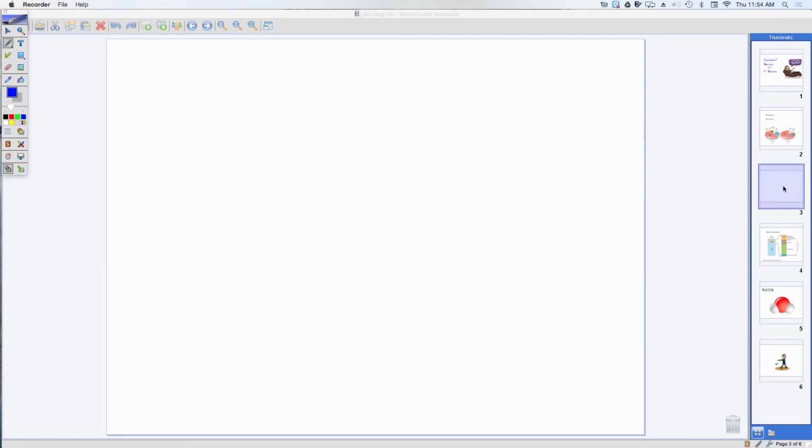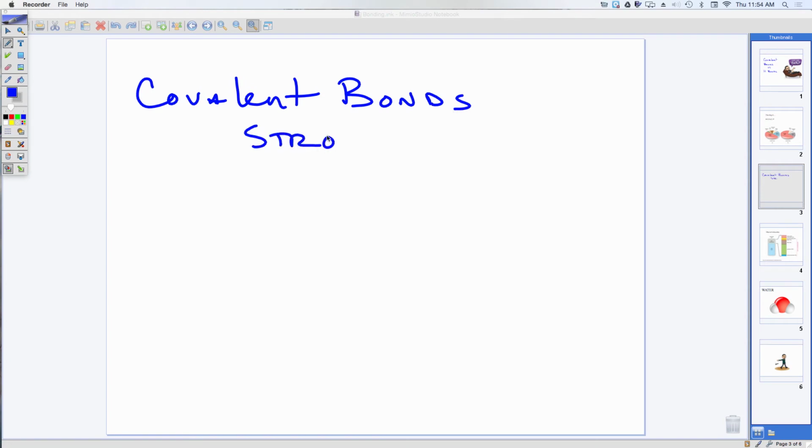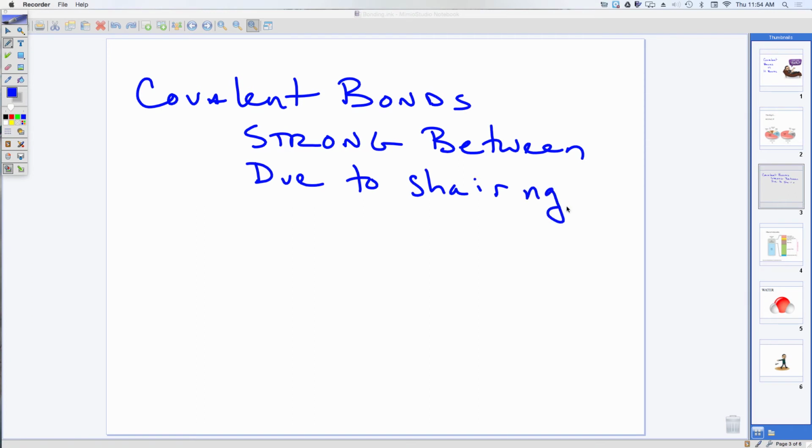Covalent bonds are strong bonds between atoms due to sharing a pair of electrons.